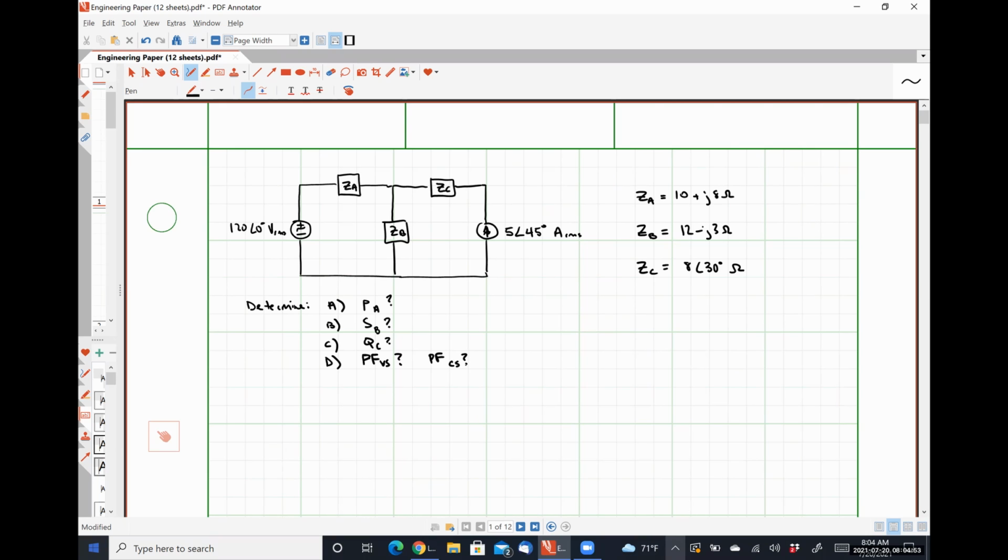So, how do we go about analyzing this circuit? Anyone have any thoughts? What can we easily figure out right now? The average power for element A?